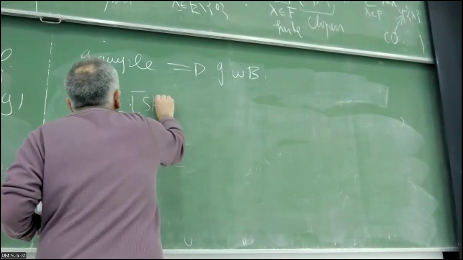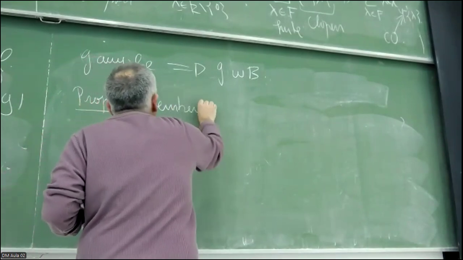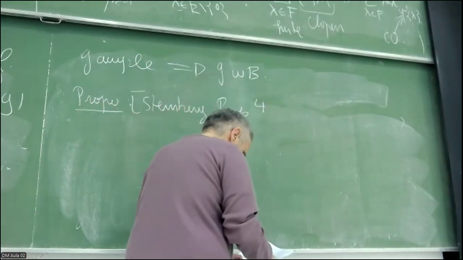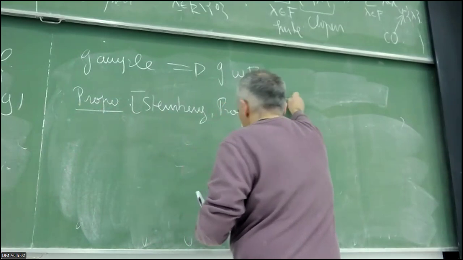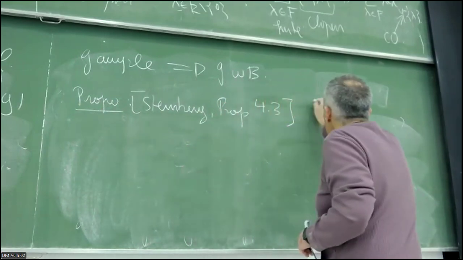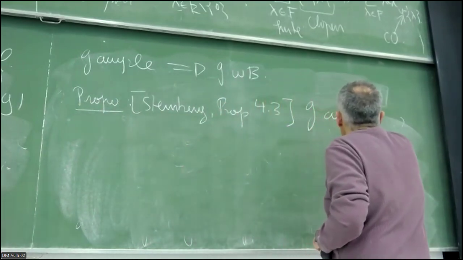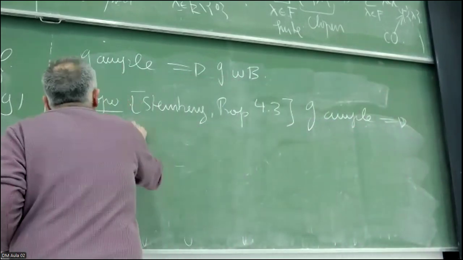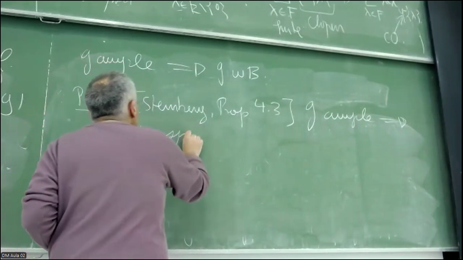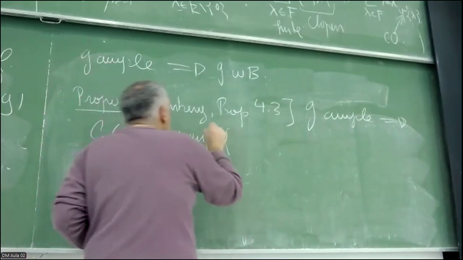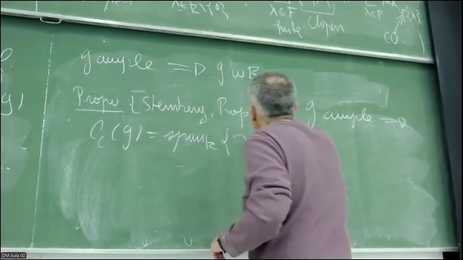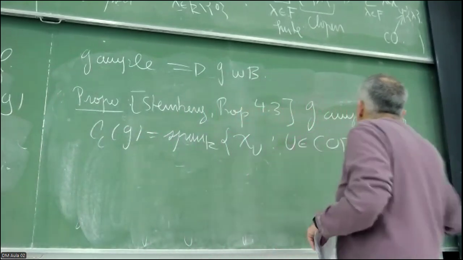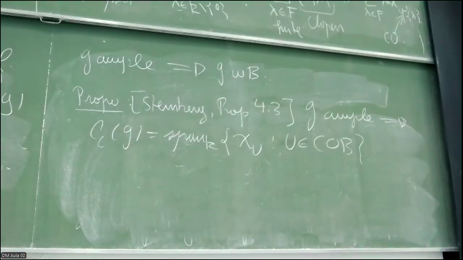This is in Steinberg's paper as proposition 4.3. So suppose that G is ample, then CC of G is spanned by the characteristic functions of the compact open bisections.